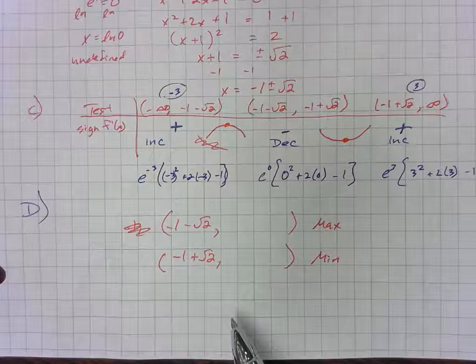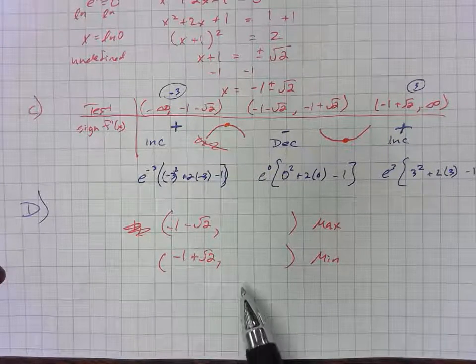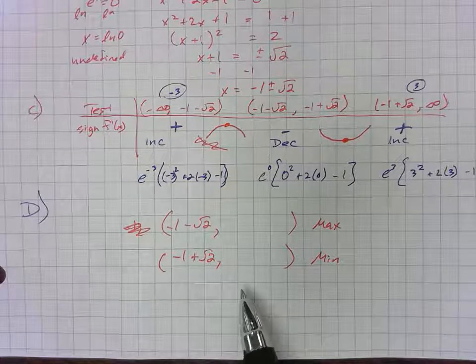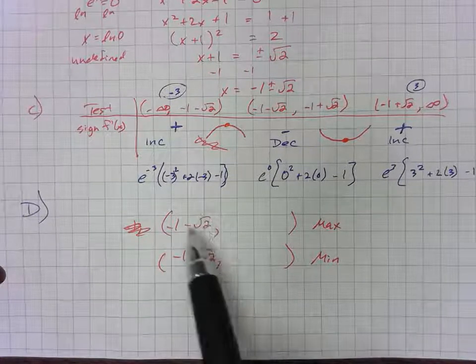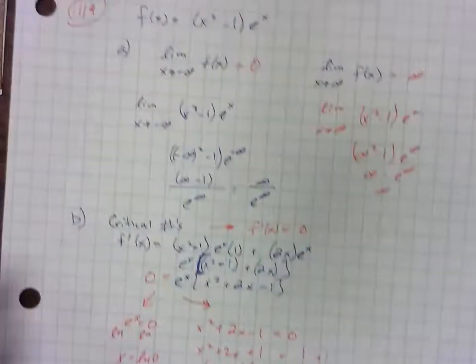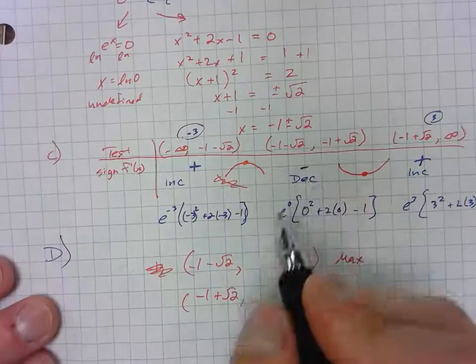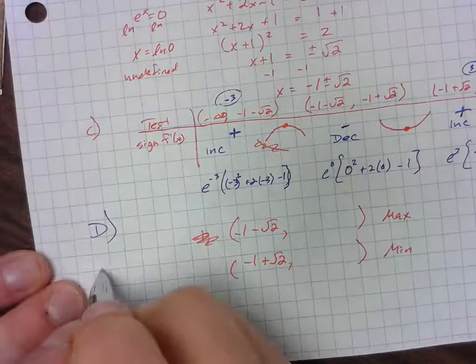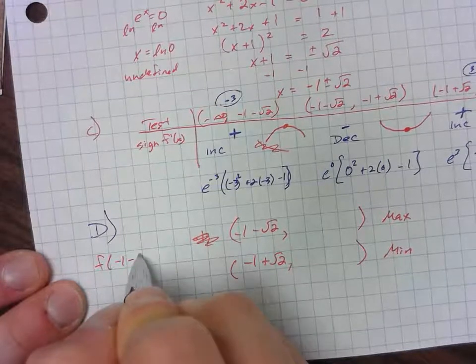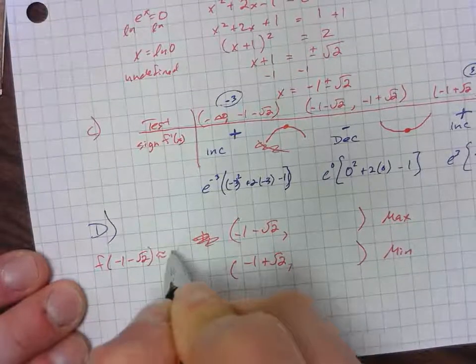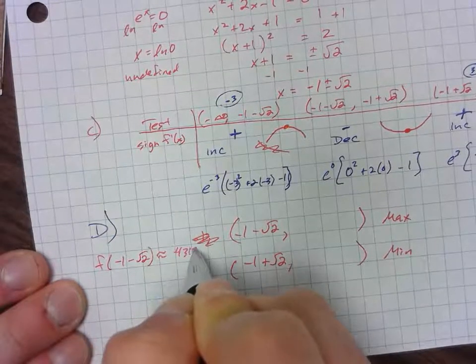Megan? Yes, plug them into the original. So you plug that guy back into the very original equation right here, and you will get your answers. And I'm just going to, well, off to the side, f of negative 1 minus root 2 is approximately 0.4318.